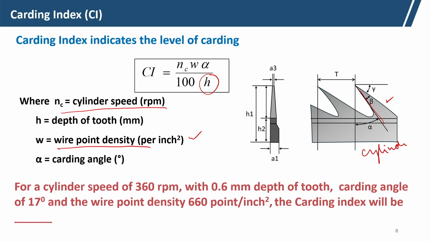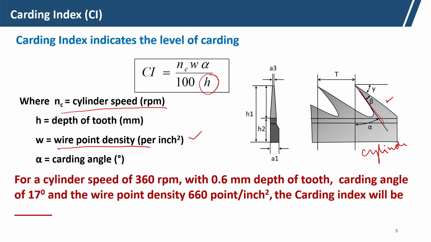Okay. So, carding index we can get from this. There is this example for a cylinder speed of 360 rpm with a 0.6 millimeter depth of tooth. Tooth depth is 0.6 millimeter, and the carding angle is 17 degree.